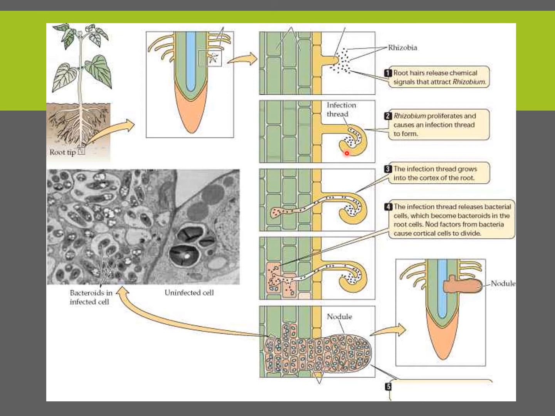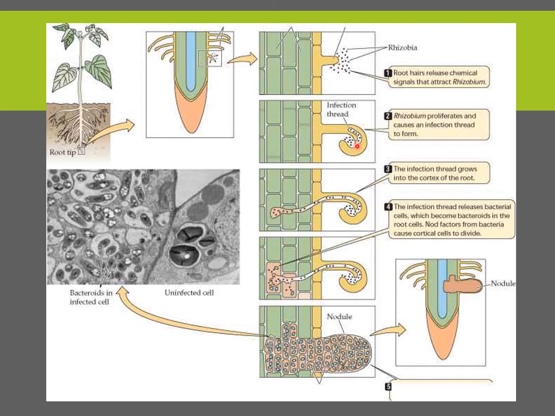If you can see over here, the organism has deformed the root cells, or it has depolymerized the pectins which are present in the cell wall of the root hair, and it has now entered the root hair. This is like a long channel or a long tunnel, and this is called the infection thread.